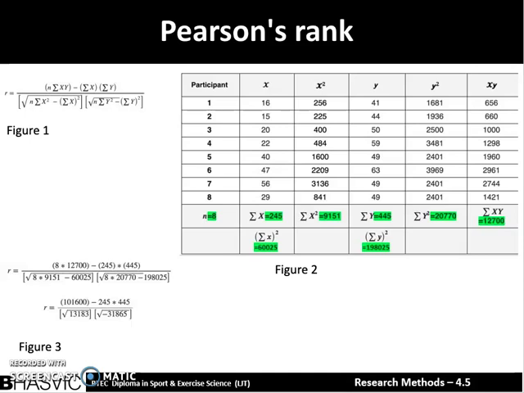The original equation is in figure 1, which says n times the sum of x times y minus the sum of x times the sum of y, divided by the square root of n times the sum of x squared minus the sum of x, squared, times by the square root of n times the sum of y squared minus the sum of y, squared.